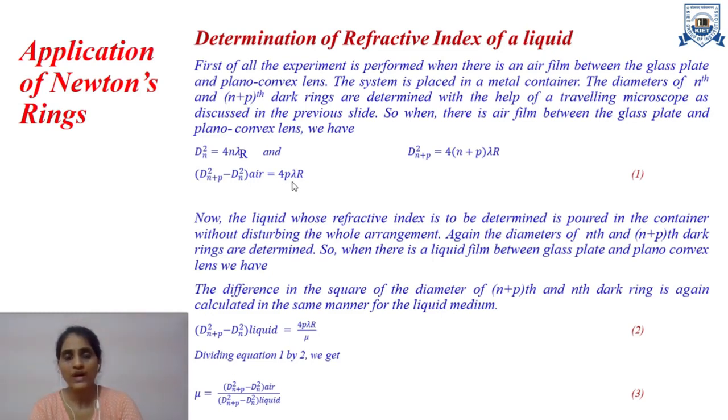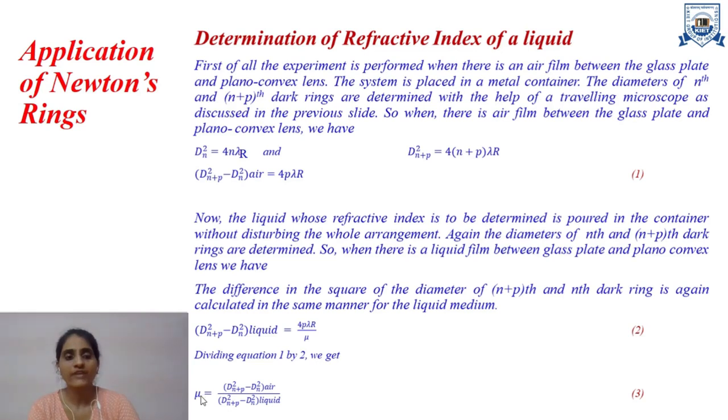In equation 1, in the denominator we do have the refractive index mu, but for air mu is equal to 1. That's why we get the equation as 4p lambda R. But in equation 2, here we are considering a liquid, whose refractive index is to be determined. So I will divide equation 1 by equation 2.